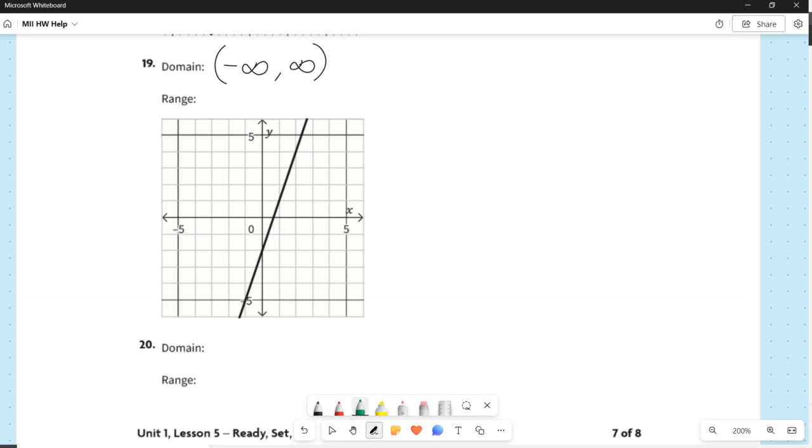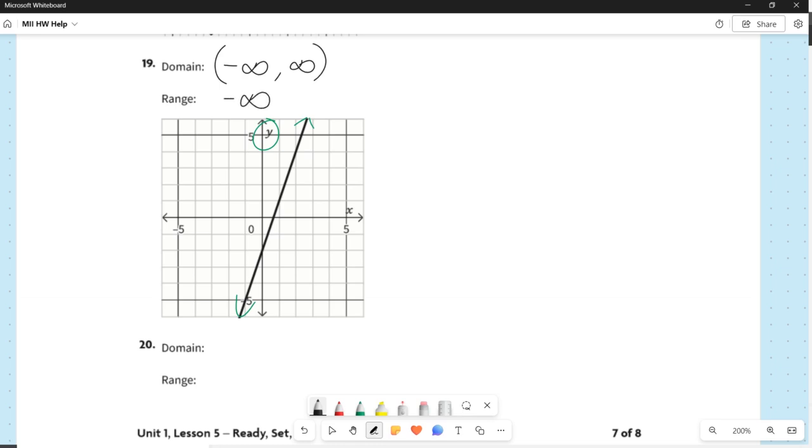Range is extremely similar. Range is the same thing, but with y. And you can see here, like we said already, this graph is going down without end, without bound. And it's also going up without end, or without bound. And so for our range, we can just keep on going.